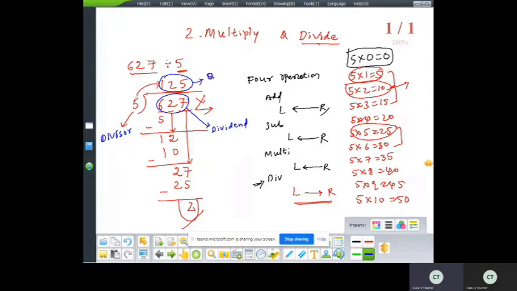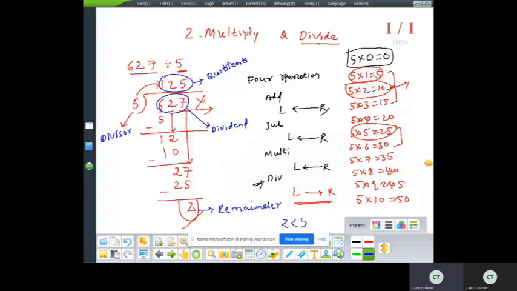Now the excess number, the extra number, is called remainder. Yes, our condition: remainder is always less than divisor. 2 is less than 5. Our condition is also true.